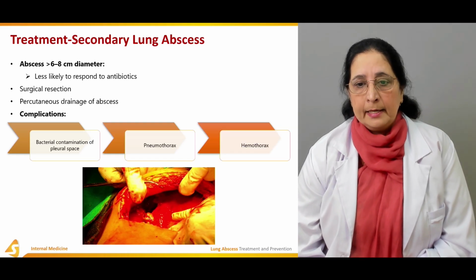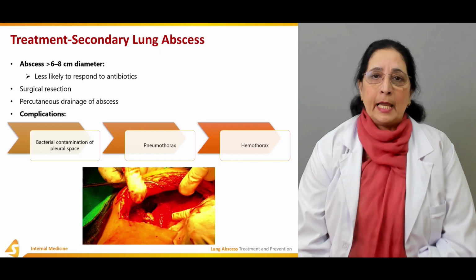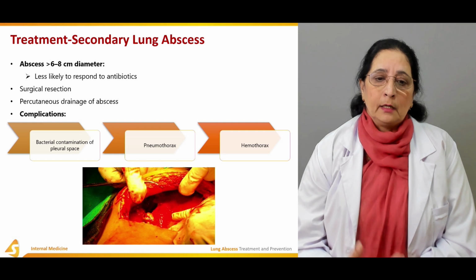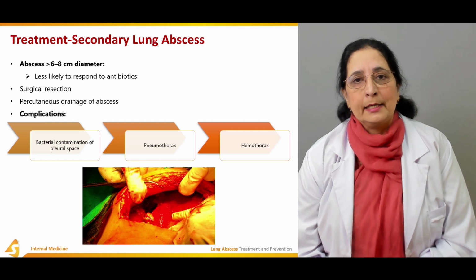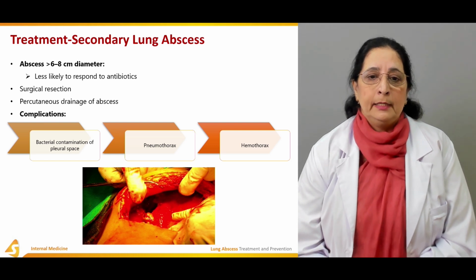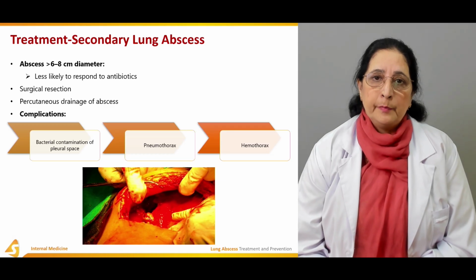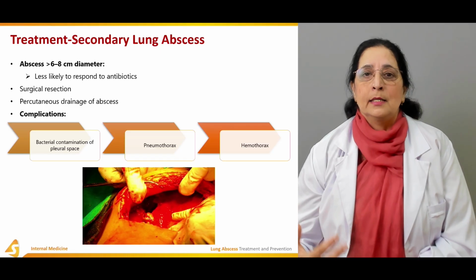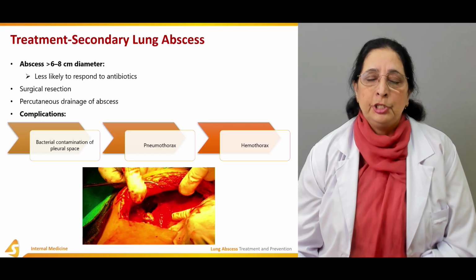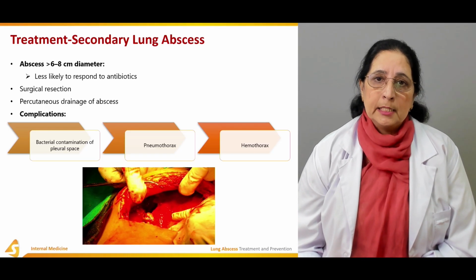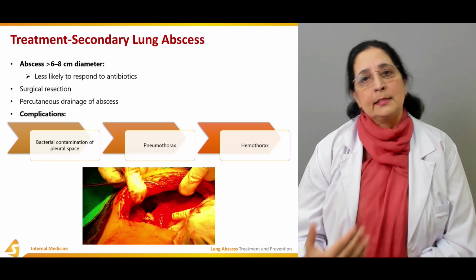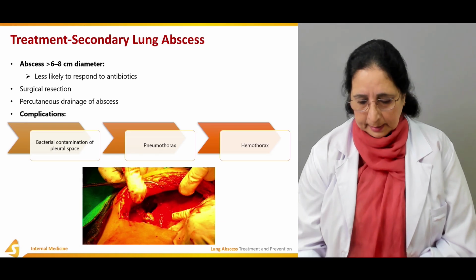And then hemothorax, blood can be present in the chest also. So these are all the complications that can be associated with the lung abscess in general. It can cause contamination of the pleural space. Then pneumothorax and hemothorax can be present.